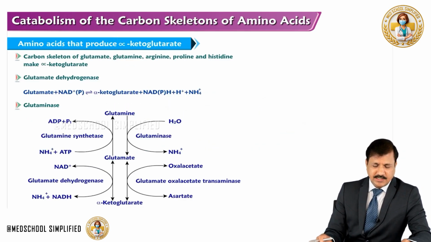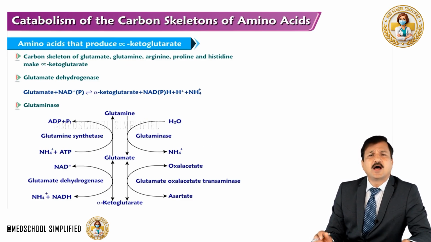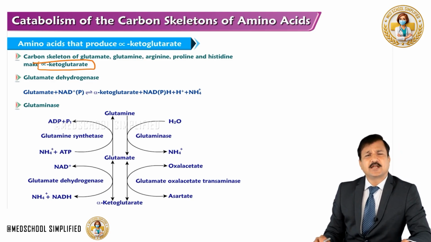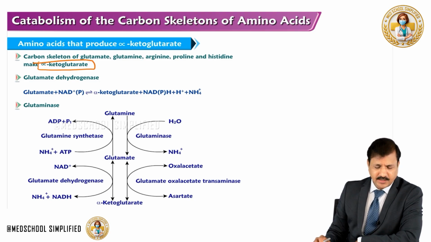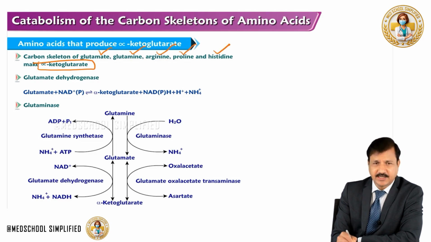Now let's move on to see amino acids that form α-ketoglutarate as their metabolic intermediate. The carbon skeletons of the amino acids that form α-ketoglutarate are glutamate, glutamine, arginine, proline and histidine.